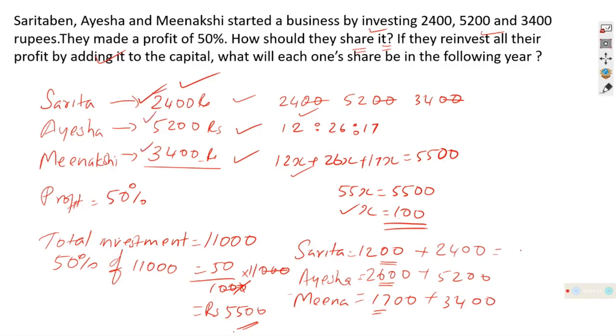Now the total will become 3600, 7800 and 5100. This way their share would be in the new business. The business is continuing, so their share will be more next year. The ratio will be like this.